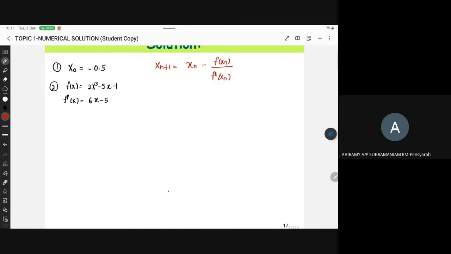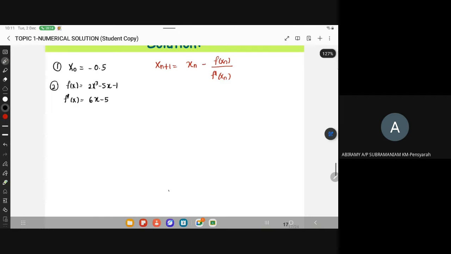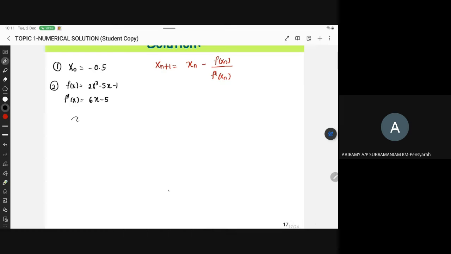So in our case, f(x) and f prime are as written. Now how to find x(n+1)? What is x(n)? x(n) is x naught, which is negative 0.5. So what is x(n+1)?